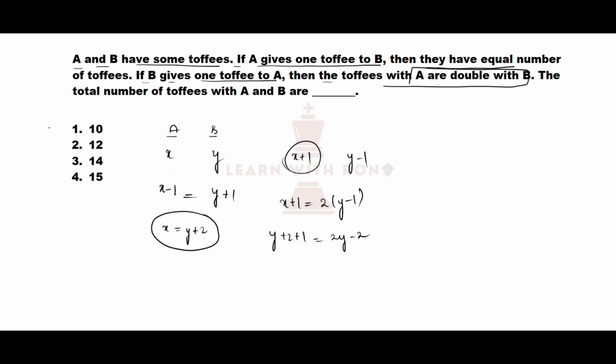From this Y is equal to 5. If Y is 5, automatically X is equal to 7. What they have asked here is the total number of toffees with A and B, 7 plus 5, 12, which is option number 2. Let's see our next question.